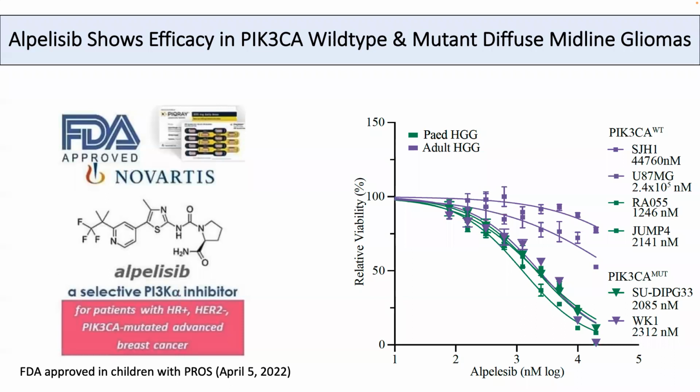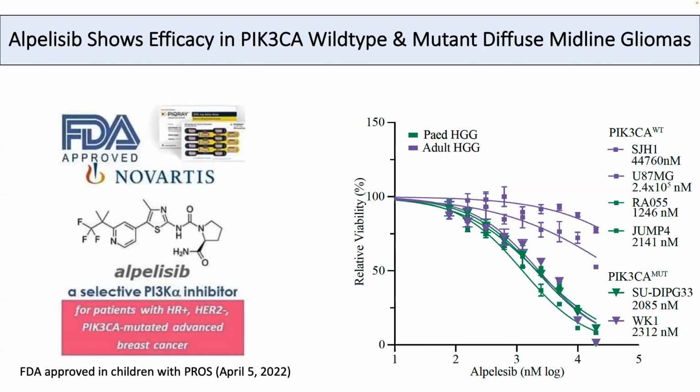And indeed, we tested alpelisib, an FDA-approved and selective PI3 kinase inhibitor that's already being used for advanced breast cancer, and also importantly improved in children with the PI3 kinase related overgrowth syndrome.